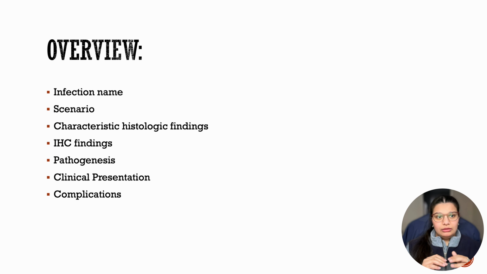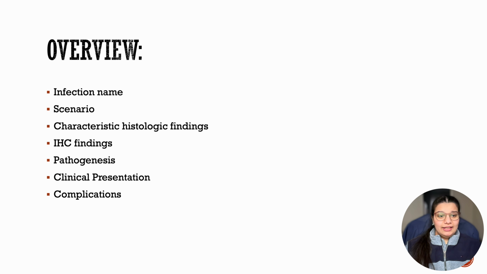At the end I'll briefly discuss how the infection occurs, its pathogenesis, and a little on its clinical presentation, and any complications. After that, just a glimpse of any nice memories at University of Washington or any cool pics of Seattle. This is how we'll go through the whole series.